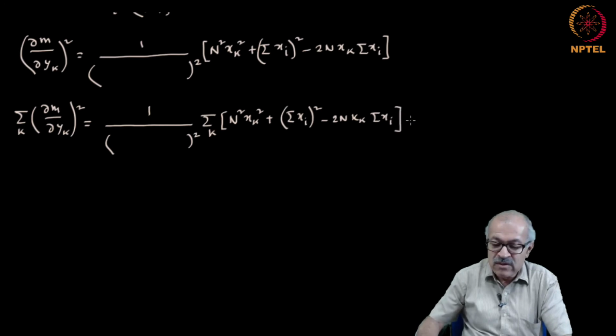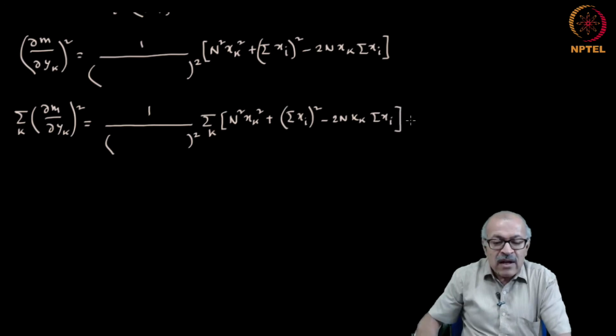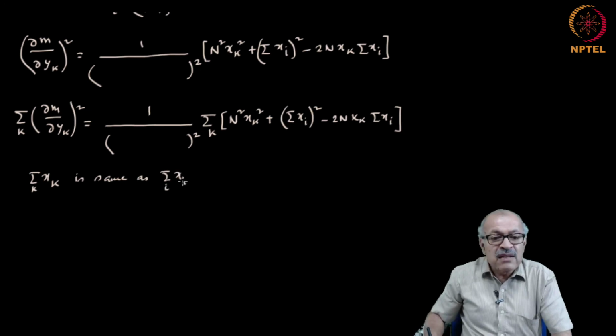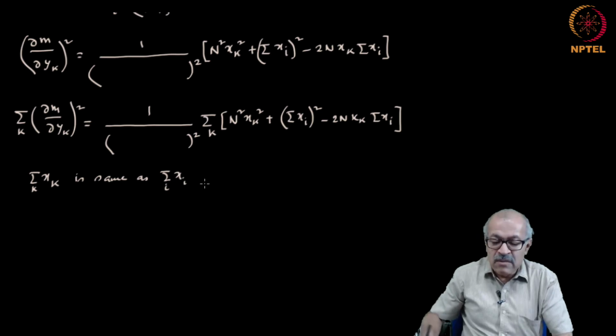This is what we have to calculate. Now, notice that the sum over k of x k is the same as the sum over i of xi, because i and k are just dummy variables.